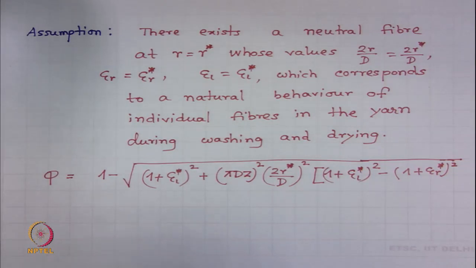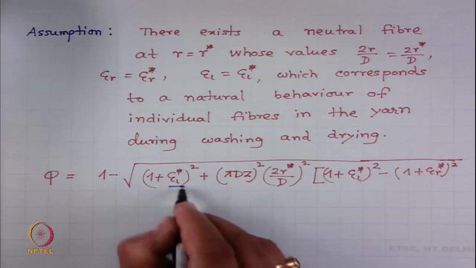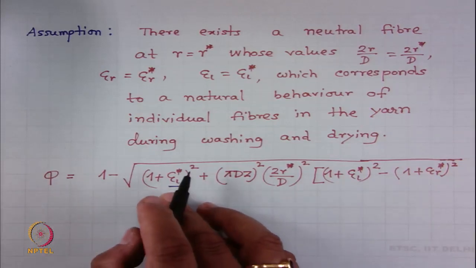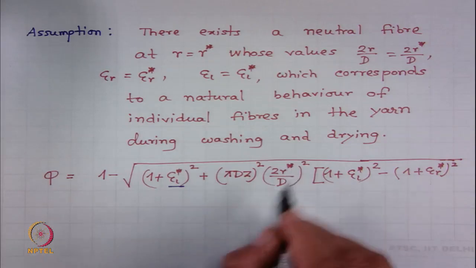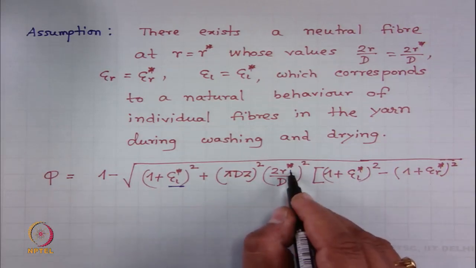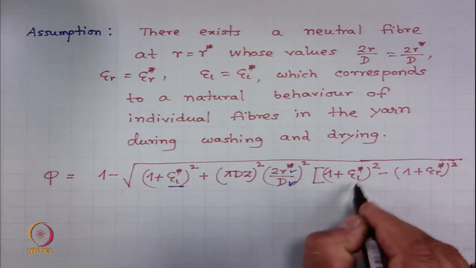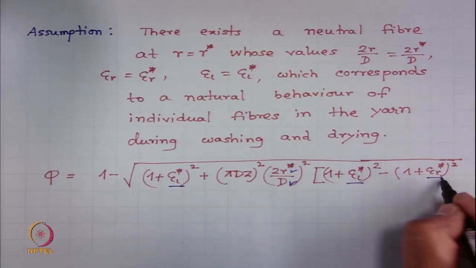So, then this factor, this quantity becomes a constant, r star becomes a constant, d is a constant, this is constant, this is constant.